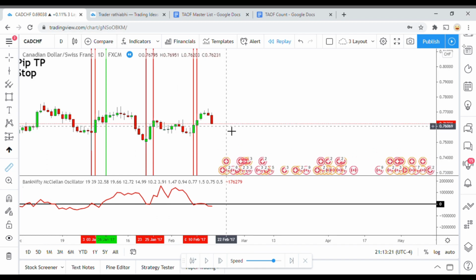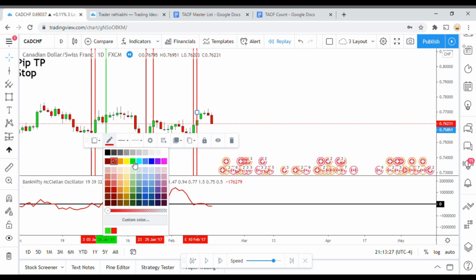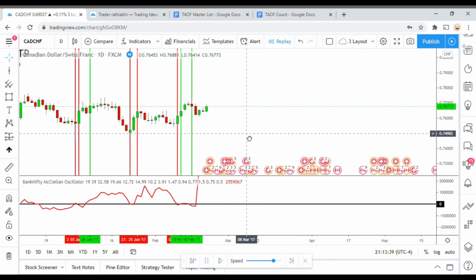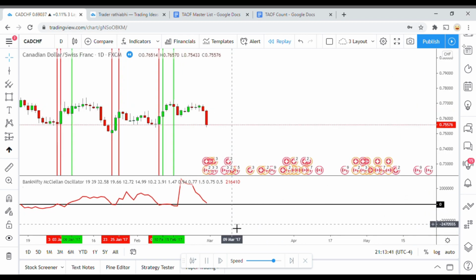Let's double check here. So actually that one may have gotten us there. Let's see. Yep, so that one would have worked. Then it threw the short signal here, and that one was able to get to take profit also.